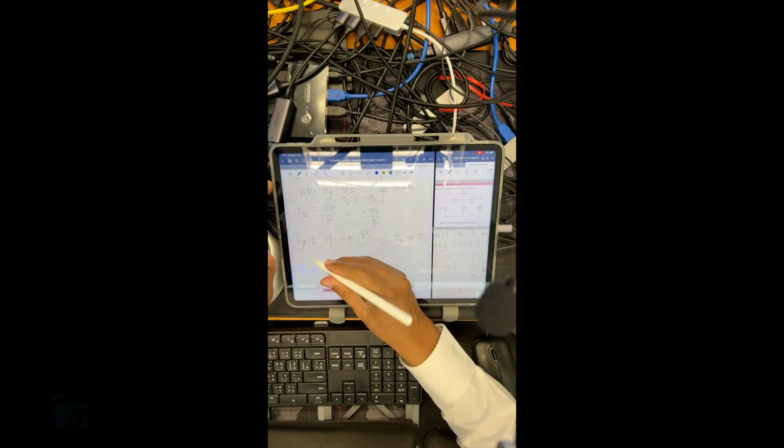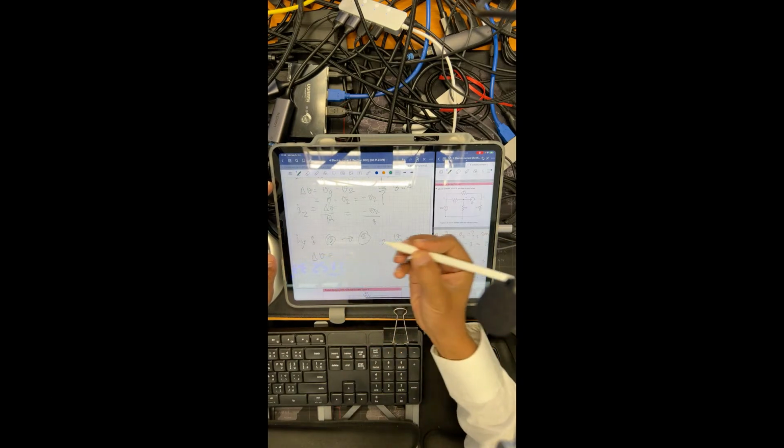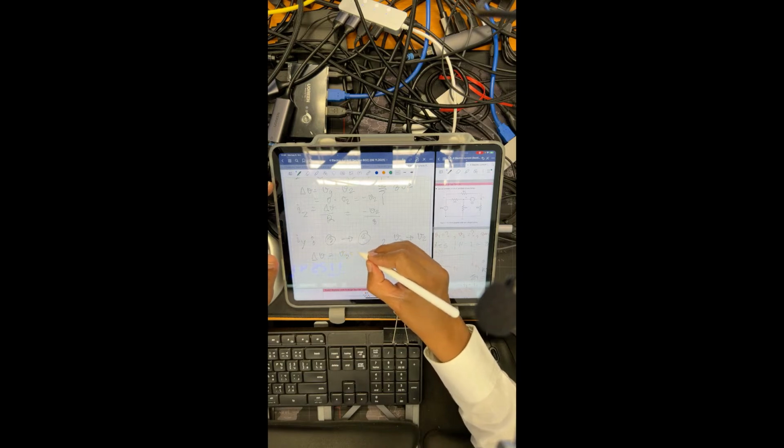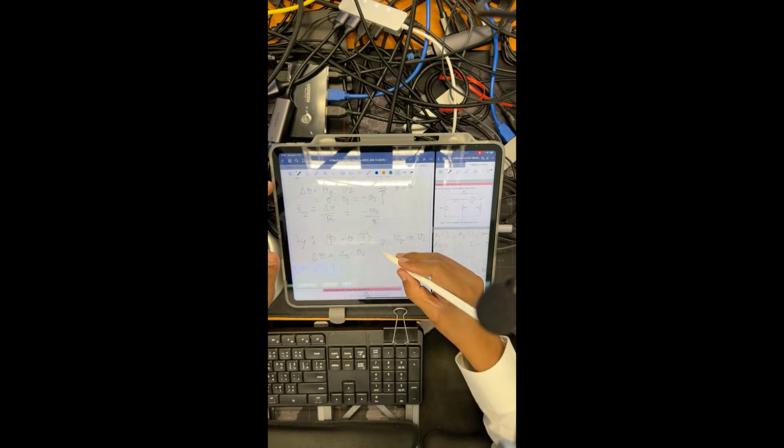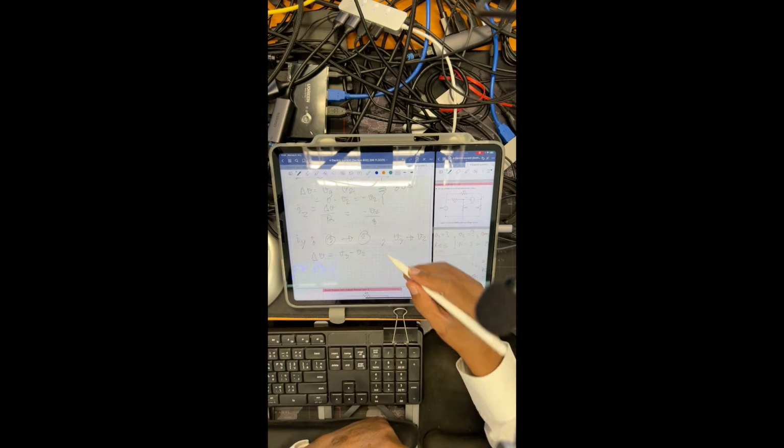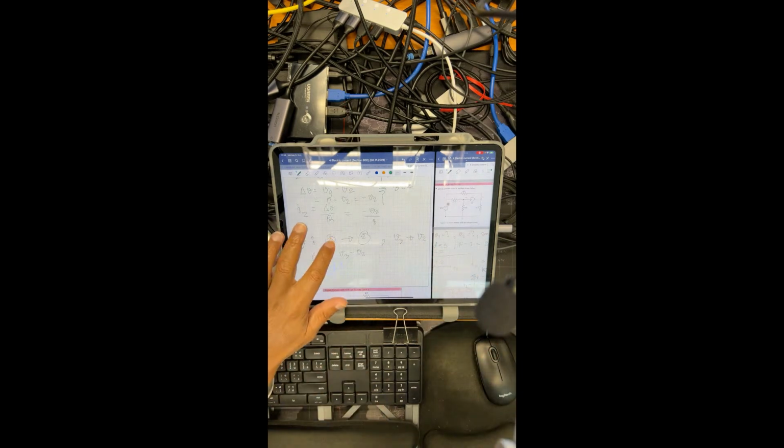So delta V is V3 minus V2, right? And what else? Is there any resistor that Iy passes? Is there any resistor along this branch?